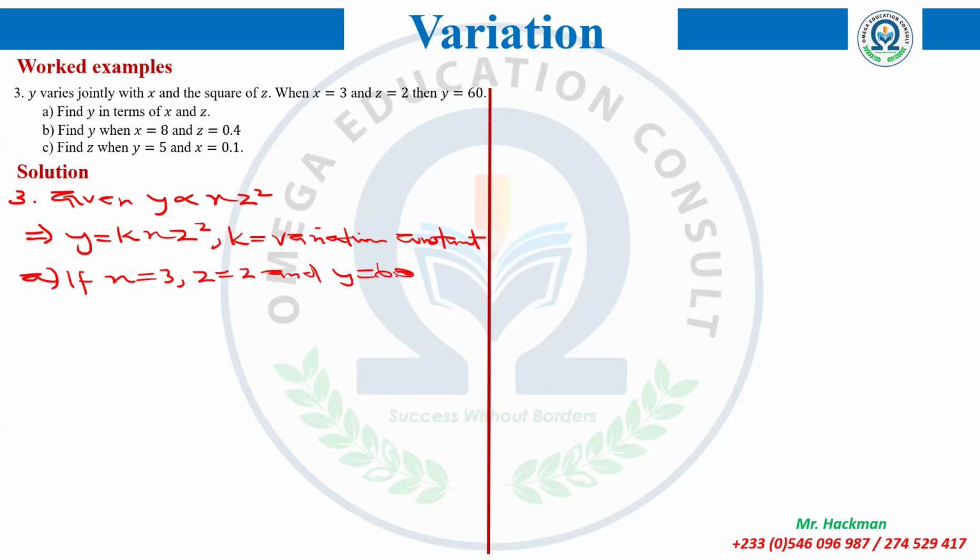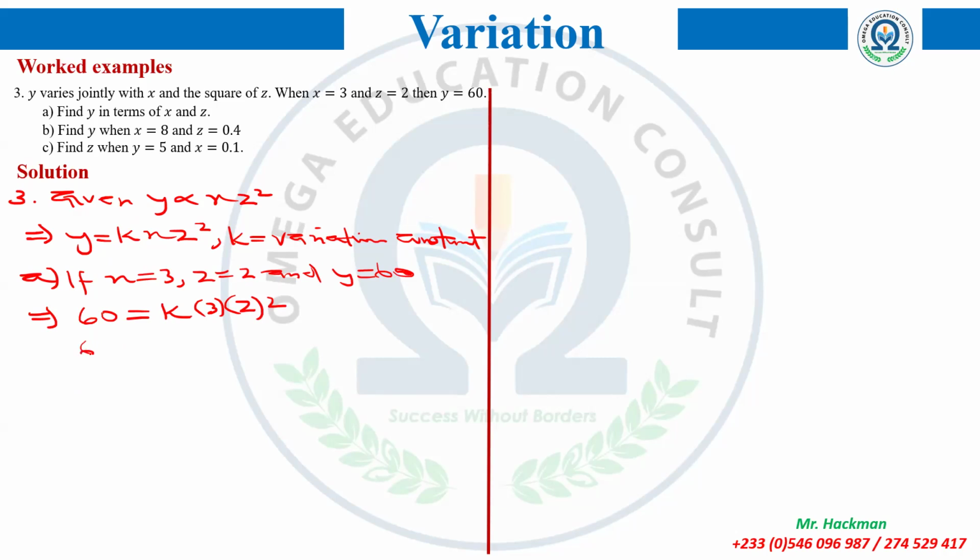Now what are we going to get? This implies that, we said this is the relationship, Y is 60, which should be equal to K. You don't know K, that's what you are looking for now. Then X is 3, times Z squared, Z is 2, so 2 squared. All correct? Yes, sir. At this point, we are more than good to go.